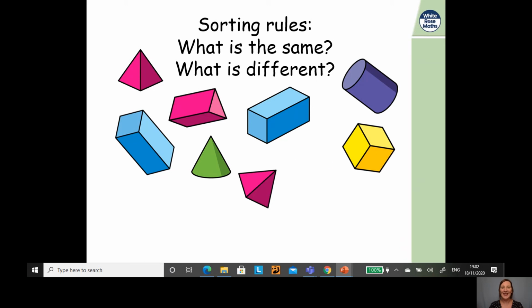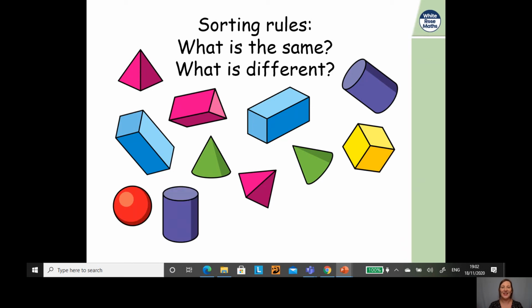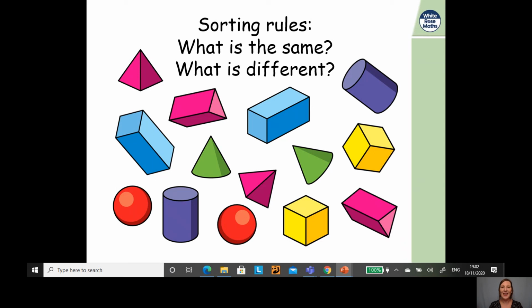Here's our pyramid again. Another cone. Oh, what was this one called? A sphere, that's correct. Another cylinder, sphere, cube, and our triangular prism. Well done. I'm going to have a go at sorting them now.